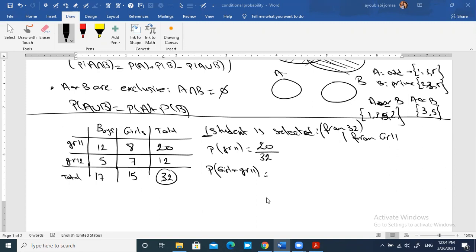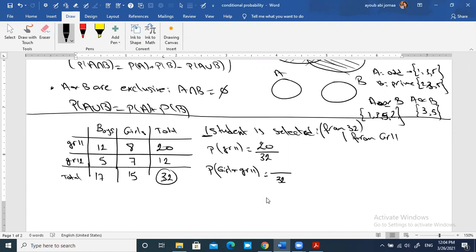This student satisfies both conditions: the student is a girl and the student is from grade 11. Of course the total is over 32, because we are selecting from 32.